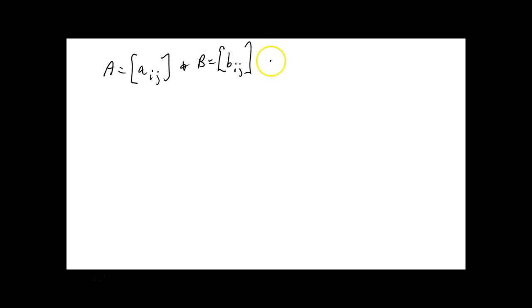These are said to be equal when they have the same size. That's what we just said. When they have the same size, M by N, and that's why we can use I and J, because I is going from 1 to M and J is going from 1 to N, okay? And also, the other thing is Aij is equal to Bij for every I and J out there.